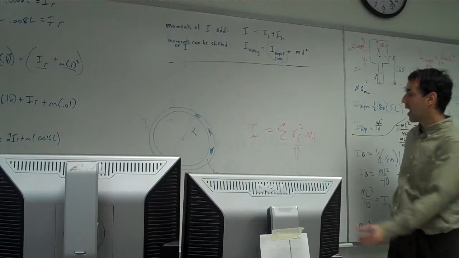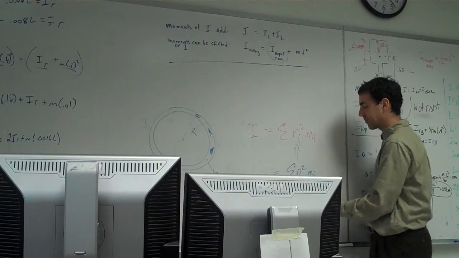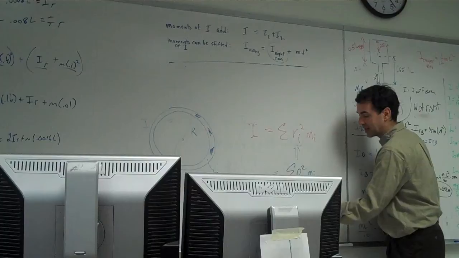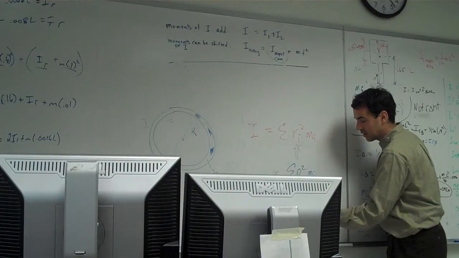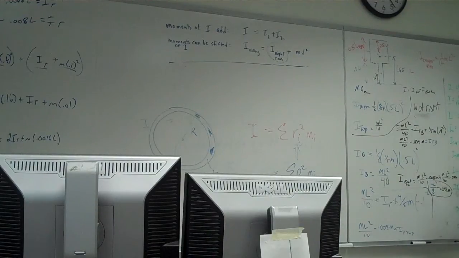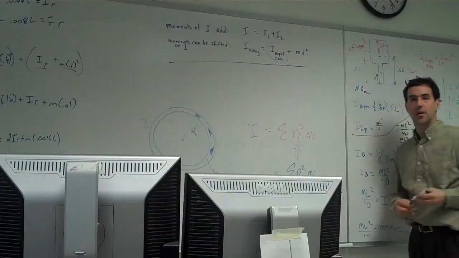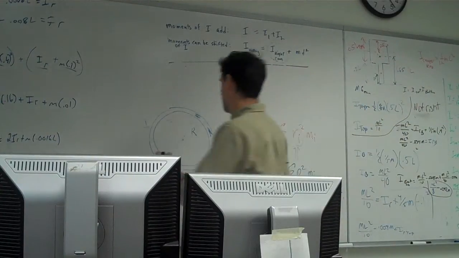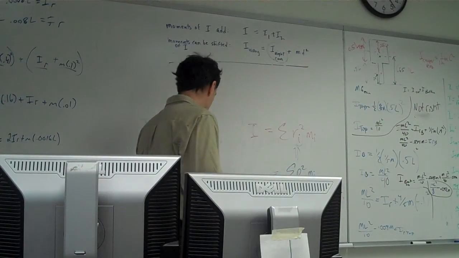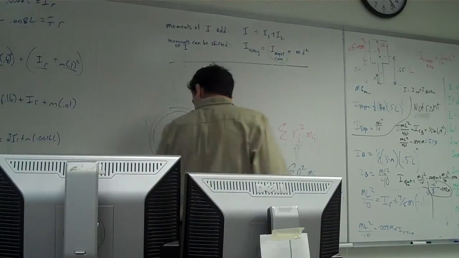So every Ri would be capital R squared. If it's a constant, you can pull it outside the summation. And the sum of the individual masses, mi, is otherwise known as what? Mt. And there we go. So for a bike tire, my moment of inertia is, I have to find a marker that works.